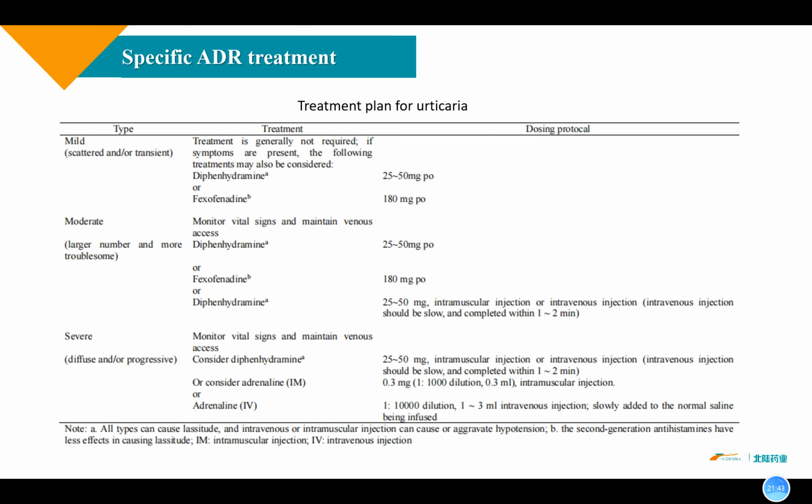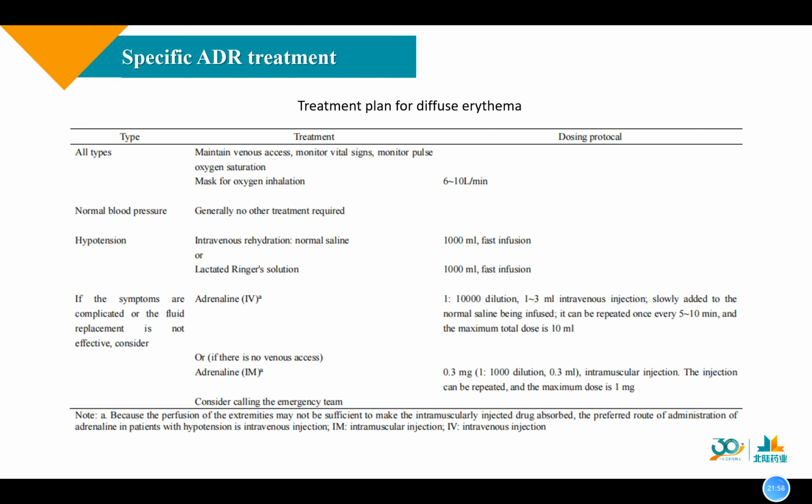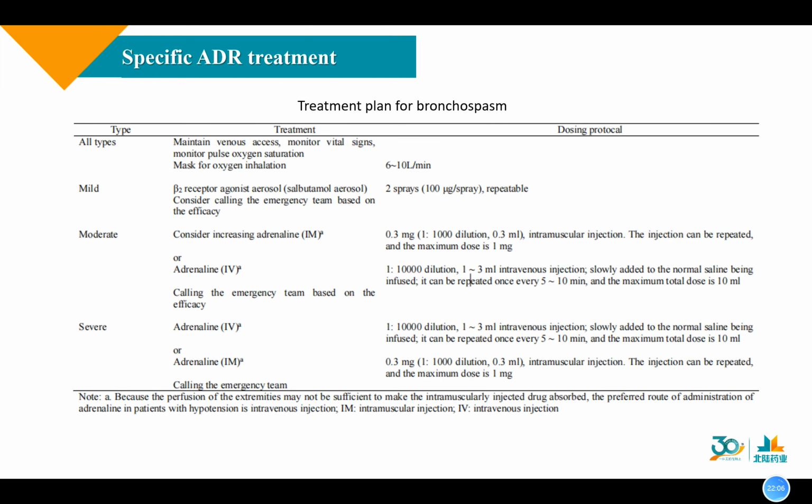In a Chinese literature, specific treatment regimens for acute anaphylactic adverse reactions in adults are suggested. This is the treatment plan for urticaria. This is the treatment plan for diffuse erythema. This is the treatment plan for bronchospasm.